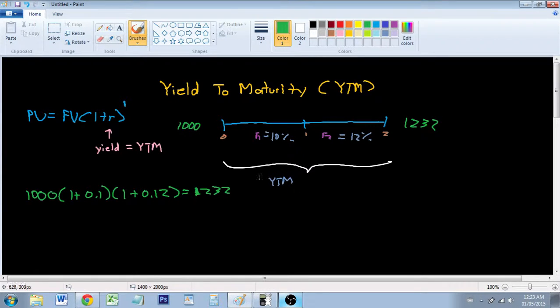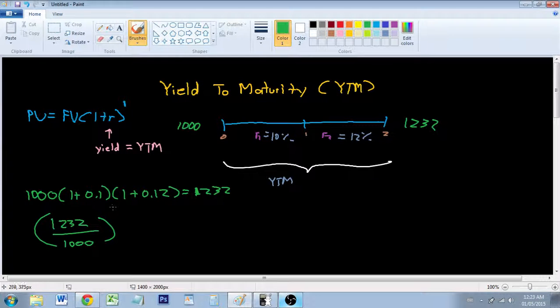And so now we just want to find an interest rate that'll give us this amount over 2 years. So it's going to be some number that's kind of like the average of these two numbers. So let's calculate that. So 1232 divided by 1,000. Then you need to account for the number of time periods.